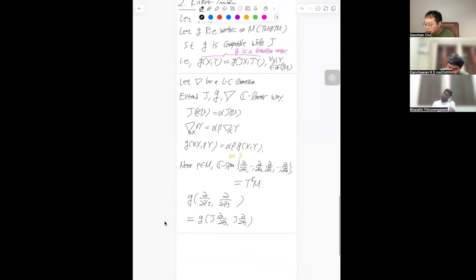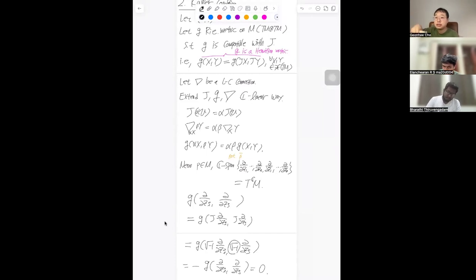Then what we know is that these bases are eigenvectors with eigenvalues given by the imaginary number, so you will see that this is nothing but this. Now you just take this without the complex conjugate, so it's nothing but multiplying two imaginary numbers, and you will get negative g of this. Then you can say the consequence: it must be 0. There's no other choice. If you plug in the same types of vector fields, with this reasoning you always extract the minus 1, so it must be 0.